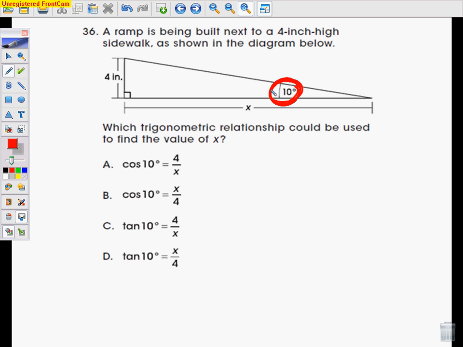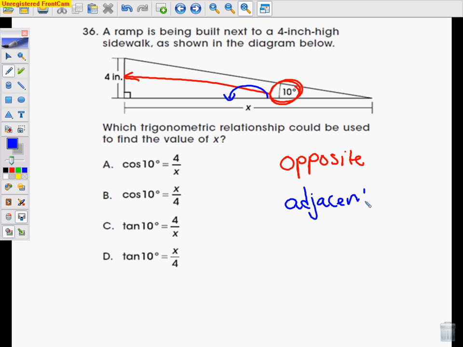From that 10, we are given this side right here, which is what? The opposite. So we're given the opposite, and we are also given this side right here, which is the adjacent. Adjacent simply means that it's the side that is touching the given angle.